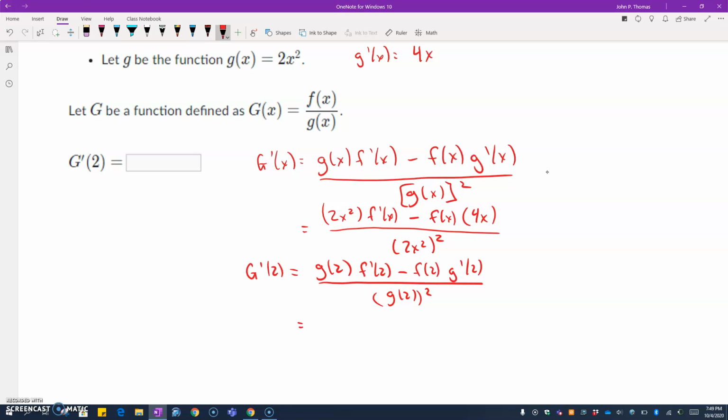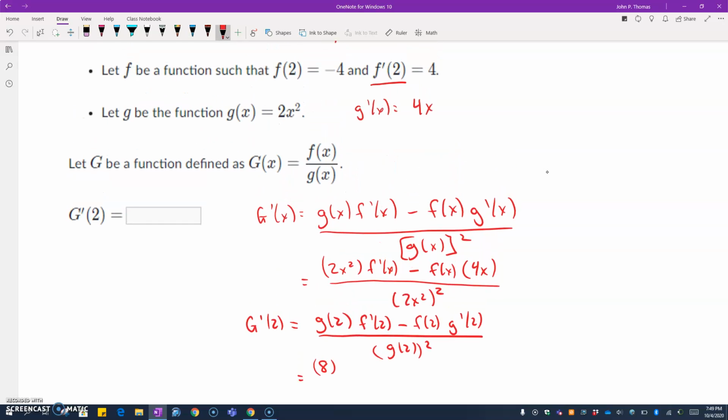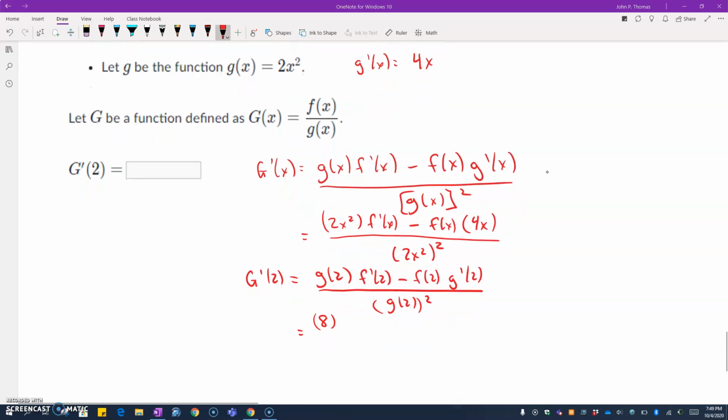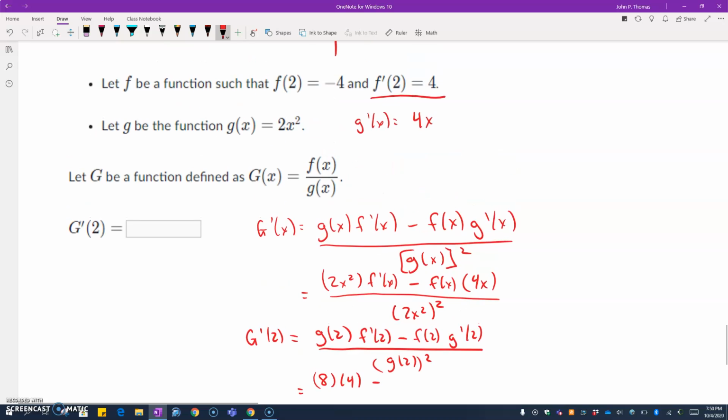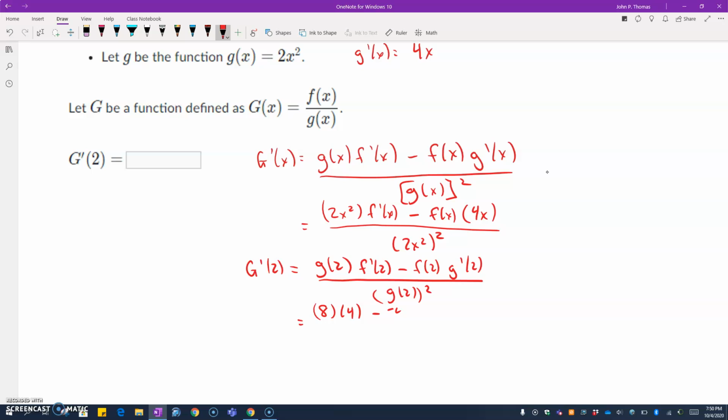So if I plug those in, g of 2 is going to be 8. F prime of 2, they told us at the top, was 4, so we'll drop a 4 in there. Minus, then we've got f of 2, which at the top they told us was negative 4, times g prime of 2, which is 4 times x, or 8.